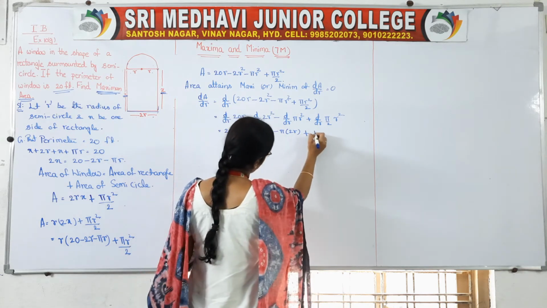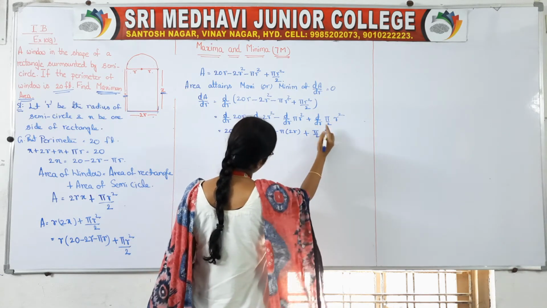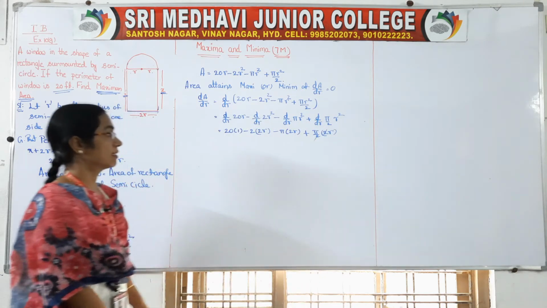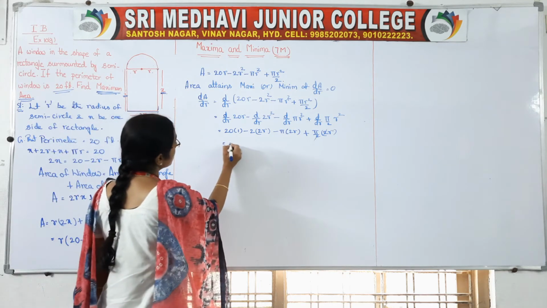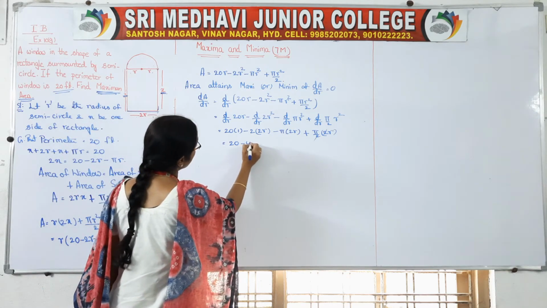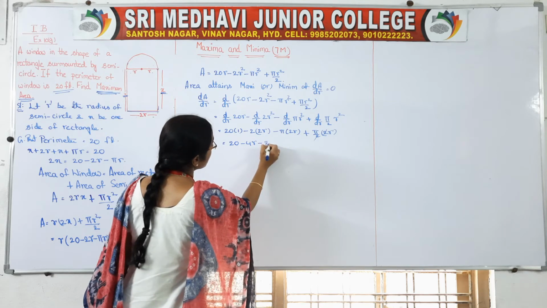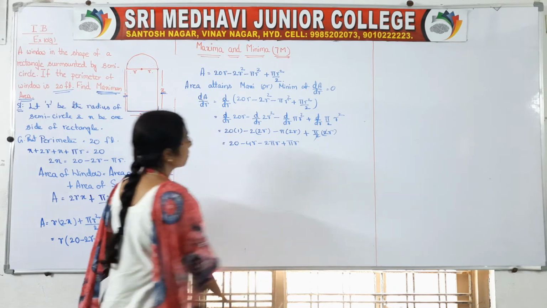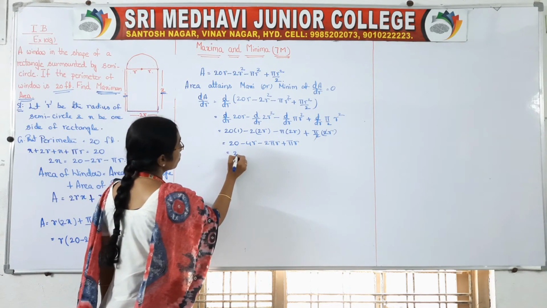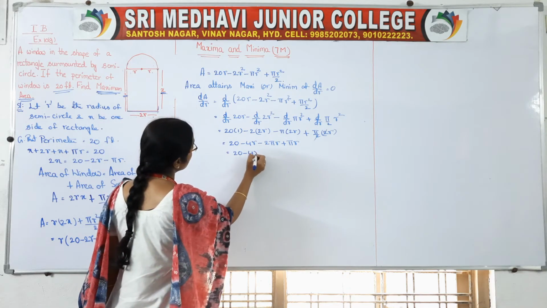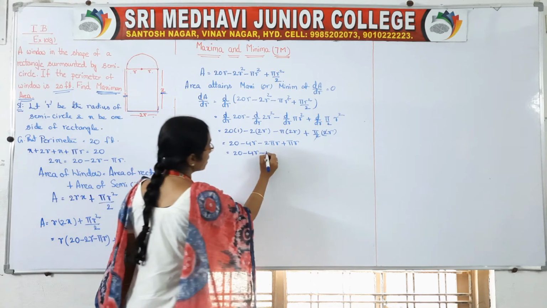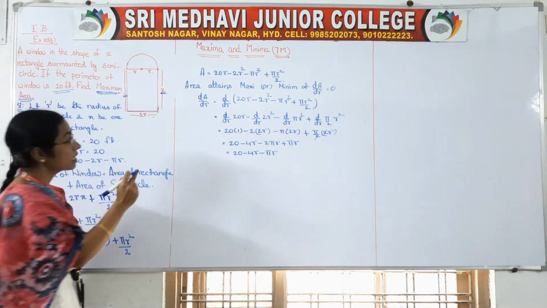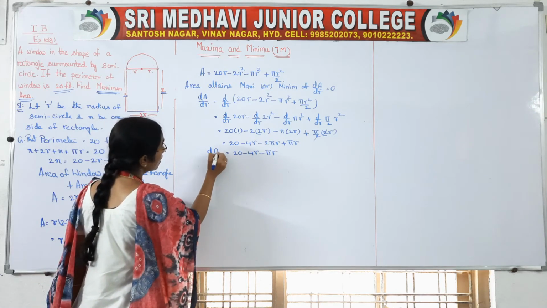Next plus pi by 2 into d by dr of r square is 2r. 2 cancels, so it is equal to 20 minus 4r minus 2 pi r plus pi r, which is 20 minus 4r minus pi r. This is your dA by dr.